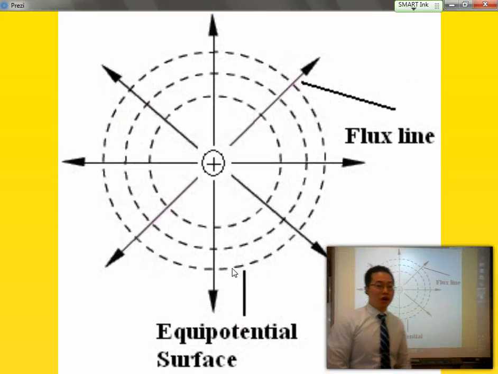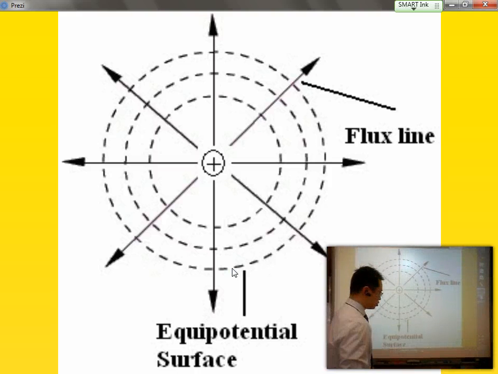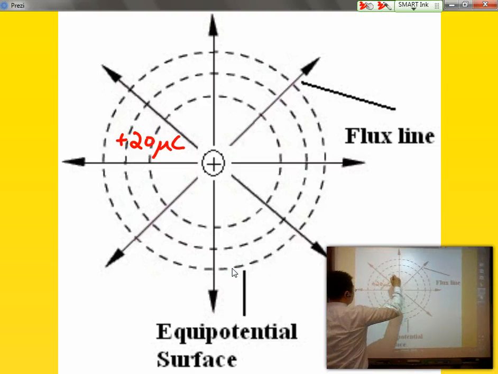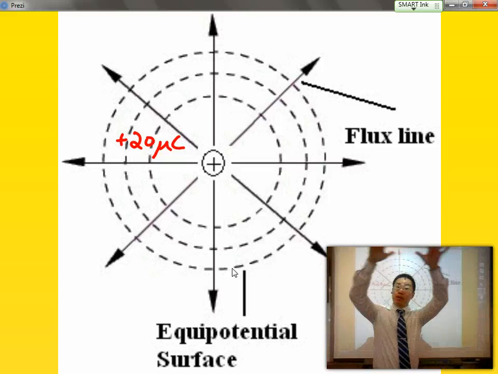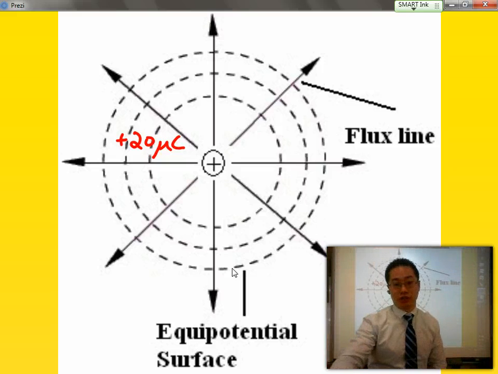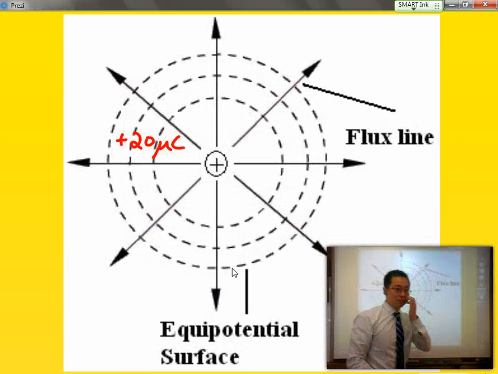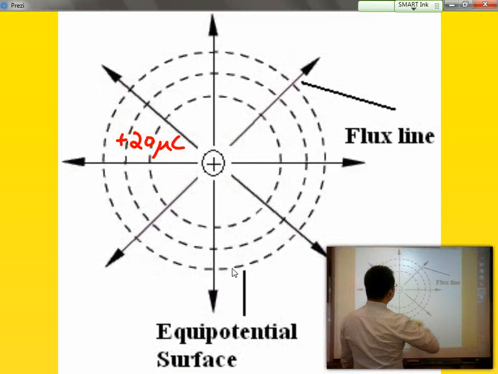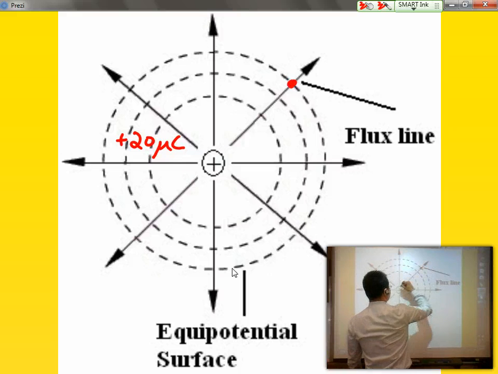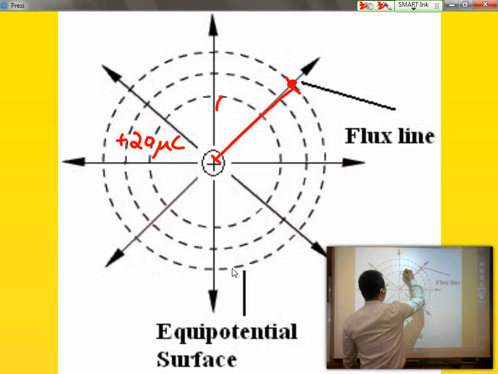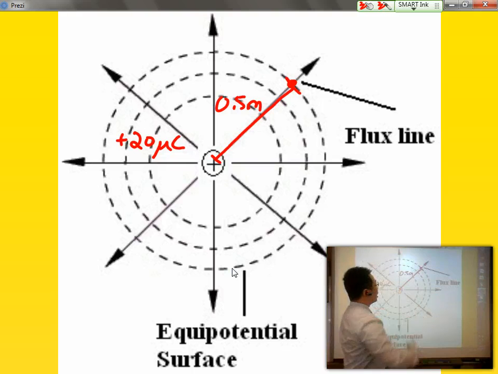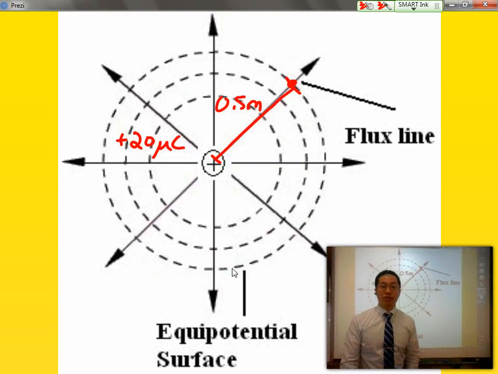Okay, we have a big charge of positive 20 microcoulombs, and as you can imagine, it's basically a big hill of some sort of electric potential. And they ask us at a certain point that's half a meter away, how much electric potential is there at that point?